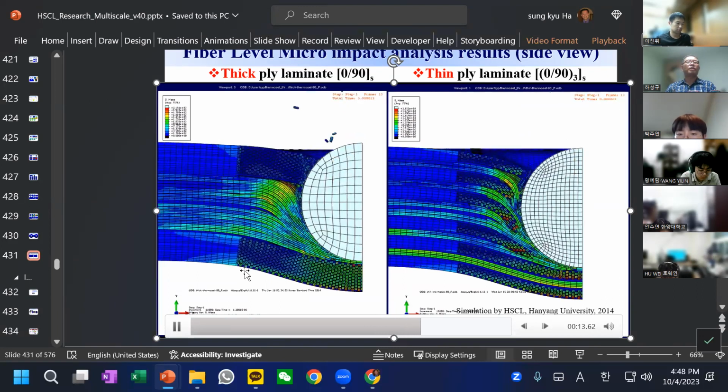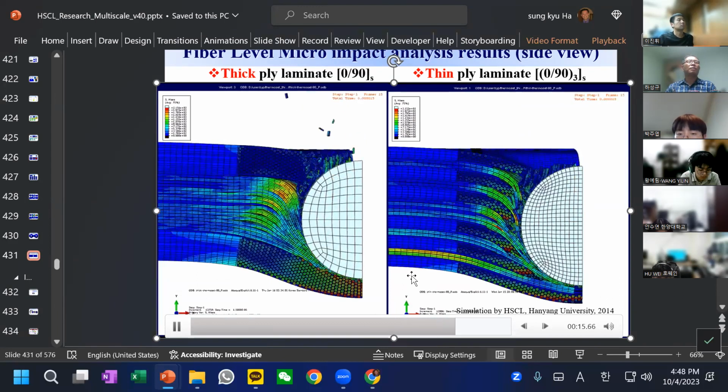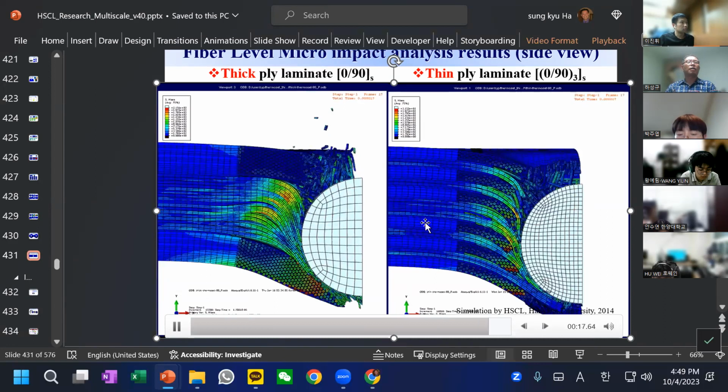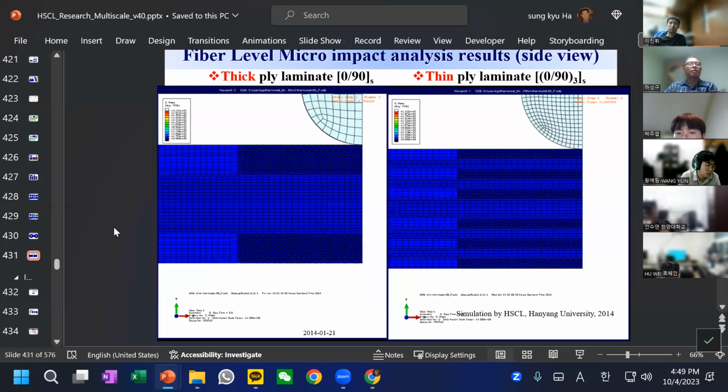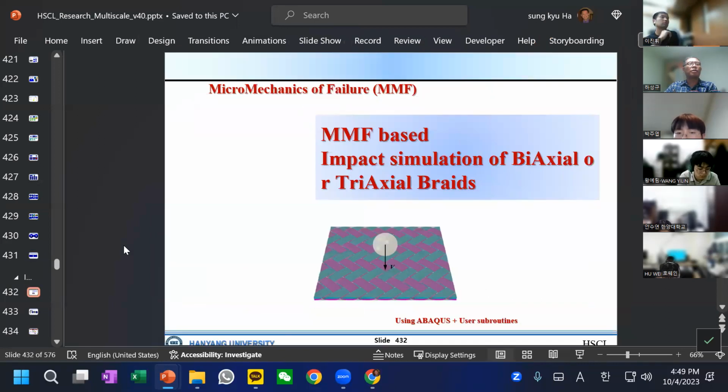Total thickness will be the same, but the number of layers can be thin and thick. Well, this is just one attempt to simulate this kind of behavior, helping us to understand the composite and eventually to design structures.